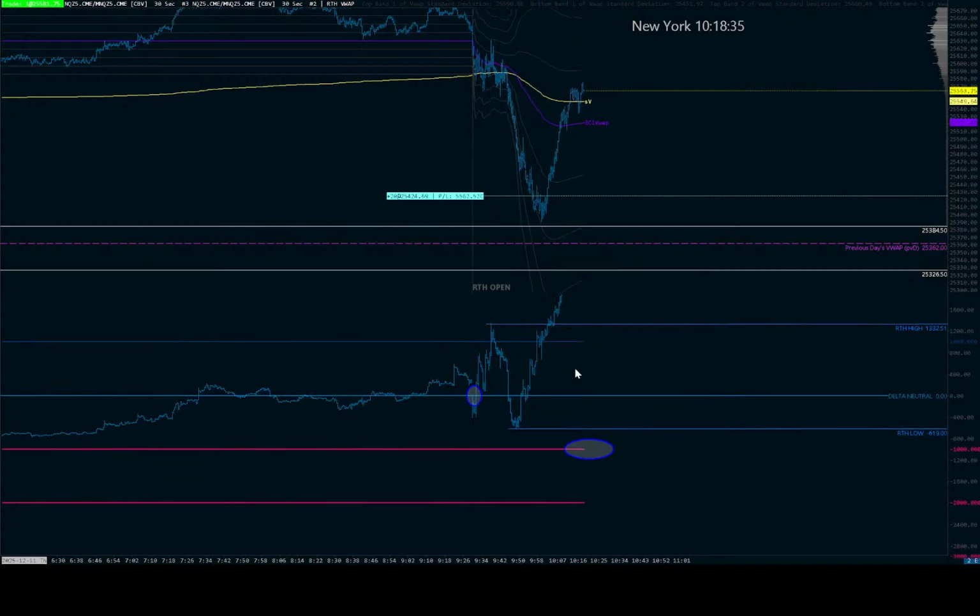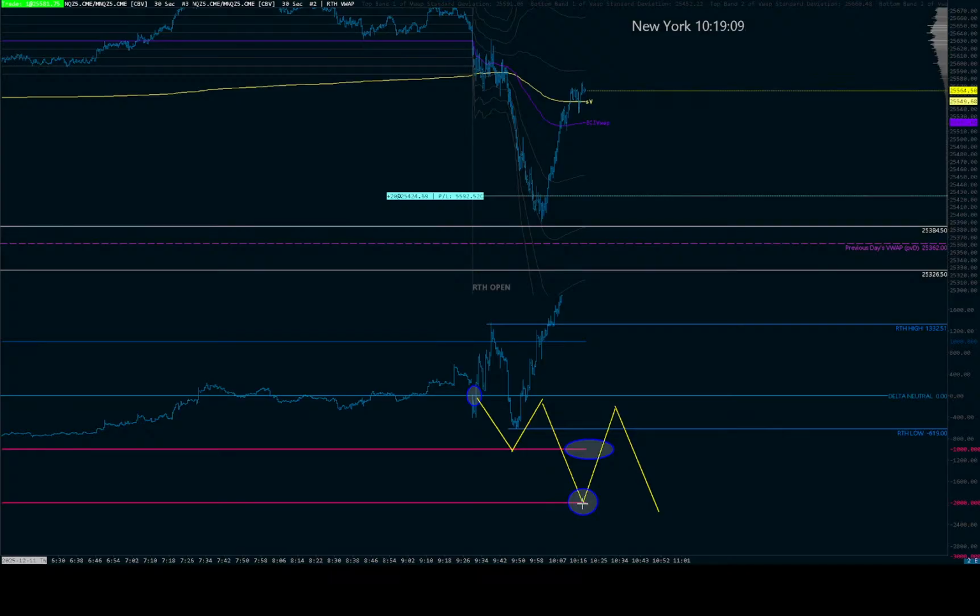If I'm going short, I want to see this thing sell off from the RTH, maybe bounce a little bit, break through the 1K level, pop down to 2K, and now that aggressive sellers and price are in alignment, I'm looking for a pullback to the 1K to get short, or a pullback to RTH neutral to get short, and then you take that short trade back down.